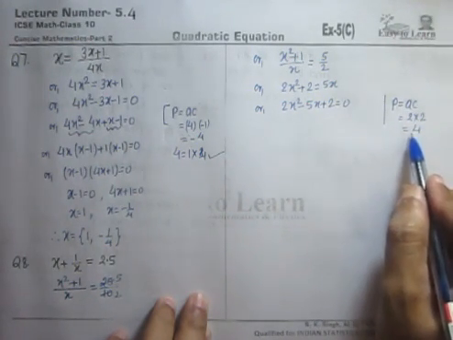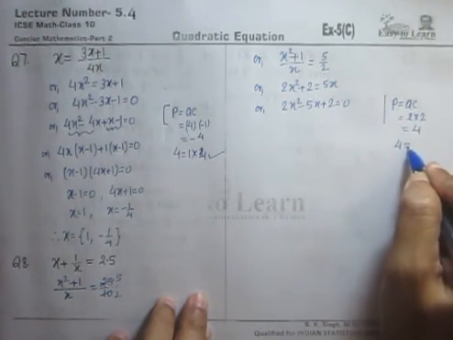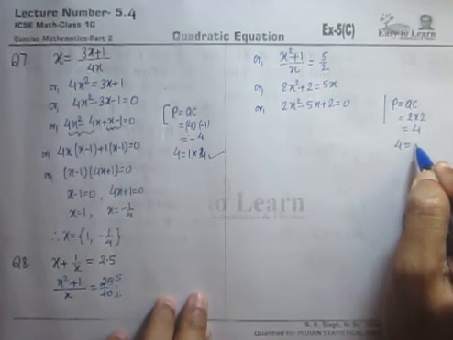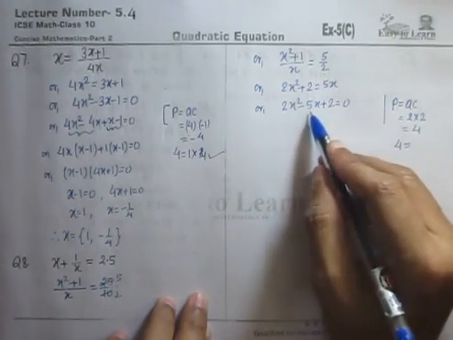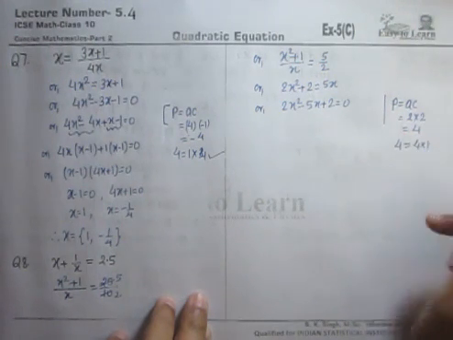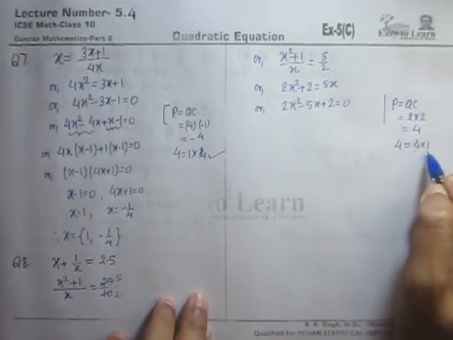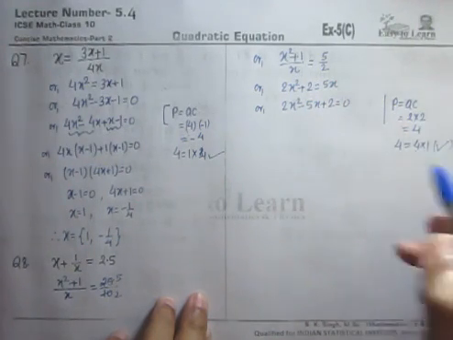If the product is positive, it means you have to express this product as a product of two numbers whose sum must be equal to the middle term. So 4 can be written as 4 into 1, and here the sum is 5. 4 plus 1 is 5, so this is acceptable.